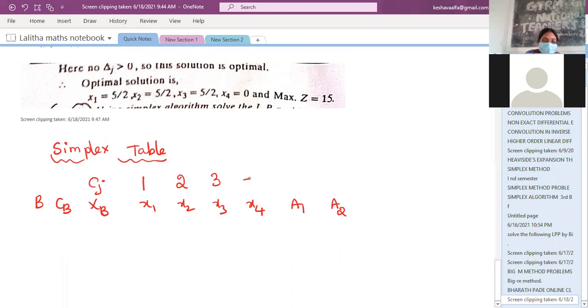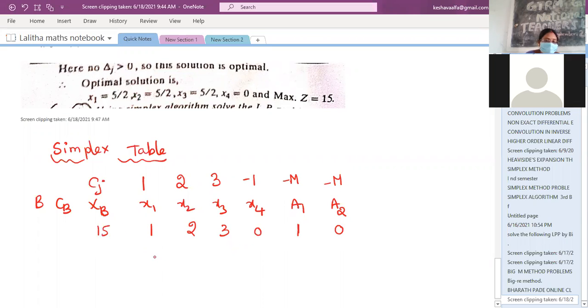Next x4 is minus 1, and the artificial variables are minus M and minus M. Next the first constraint: x1 is 1, x2 is 2, x3 is 3. There is no x4 in the first constraint, so 0 x4, plus a1. a1 is 1, there is no a2. The RHS value is 15.